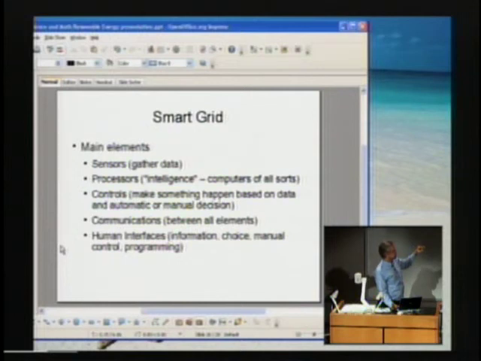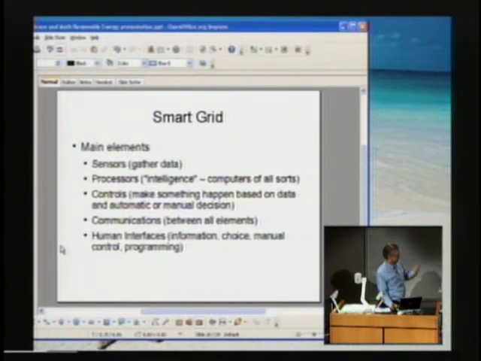There has to be communication between everything, and that can go either over the lines themselves or via radio signals or other things. But there has to be some standard way of doing that so everything can talk to everything else. And human interfaces, you have to be able to interact with the system either manually or say that this is what I want you to be able to shut off and not, and during the schedule and things like that.